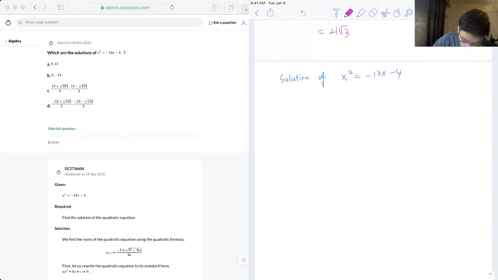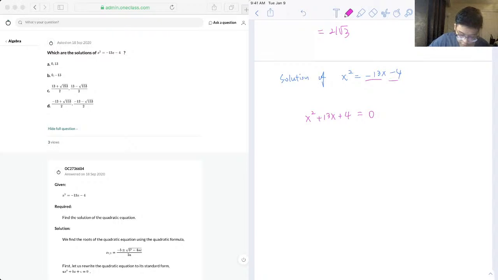So we just simply move everything to one side and leave a 0 on the other side. So in this case, it will be x squared. Since it's negative 13x, it becomes positive 13x on the left side, and this is minus 4, so it will become a plus 4 on the left side as well. So we only have a 0 on our right hand side.